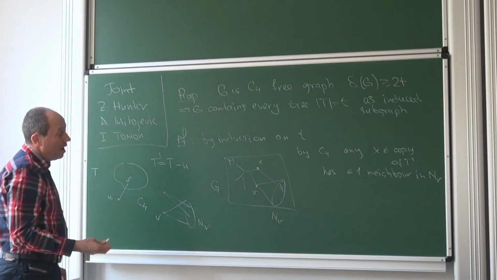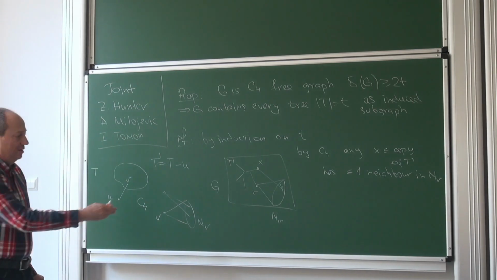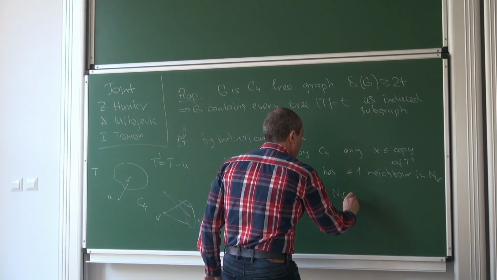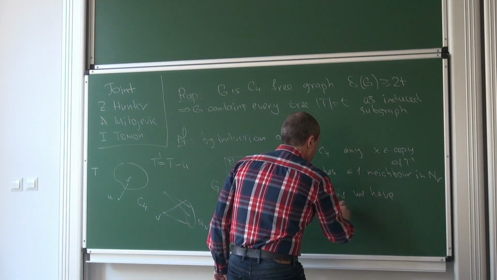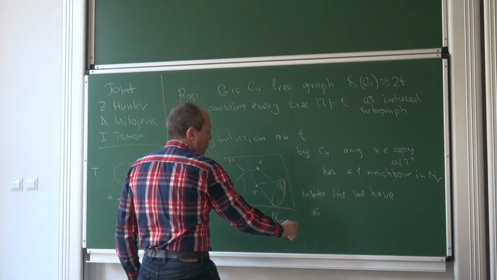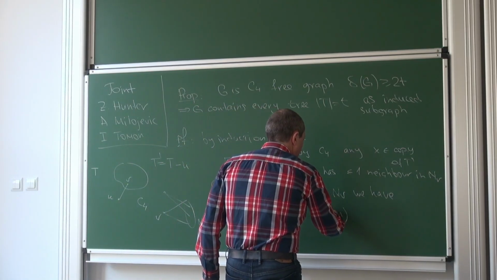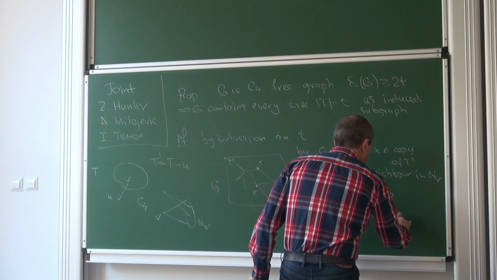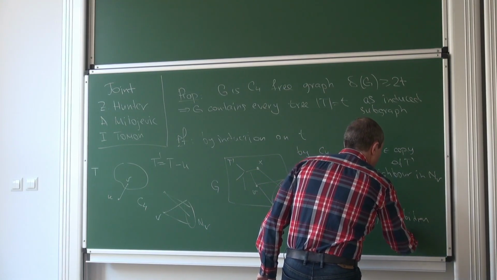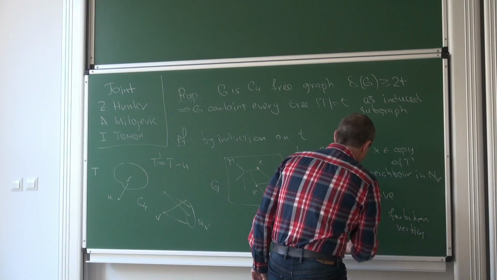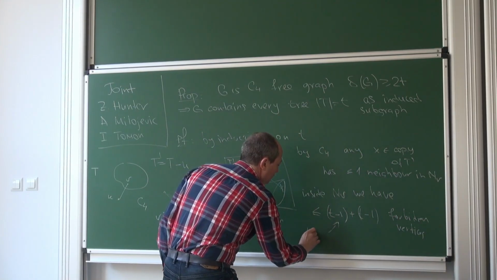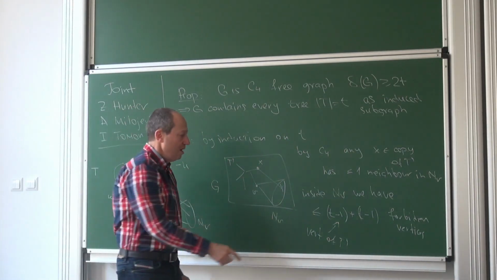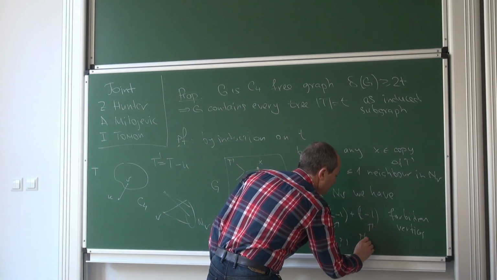And therefore, you easily see that inside N(v) we have at most t minus 1 plus t minus 1 forbidden vertices. These are for vertices of T prime itself. Obviously, some of them can be in the neighborhood. And this is for their neighbors.